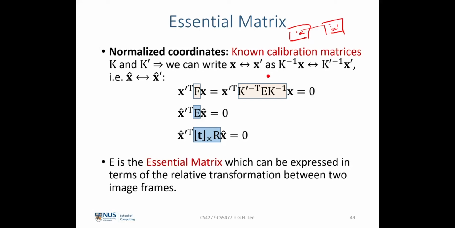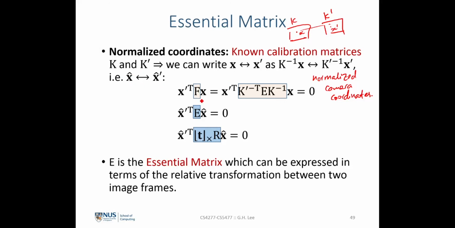Since we know K and K prime, the camera intrinsic values, we can rewrite these into K inverse x and K prime inverse x prime, and we call these the normalized camera coordinates. We denote these correspondences after we normalize them with the camera intrinsics as x hat and x hat prime.